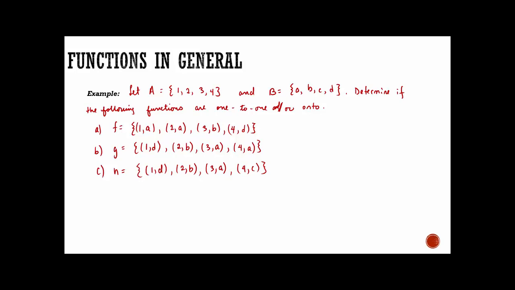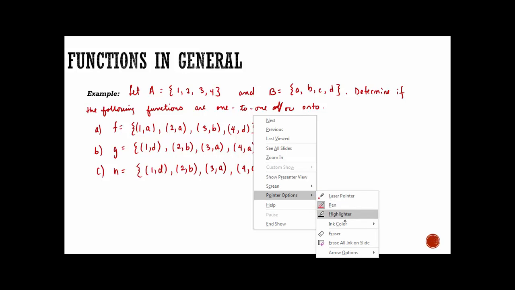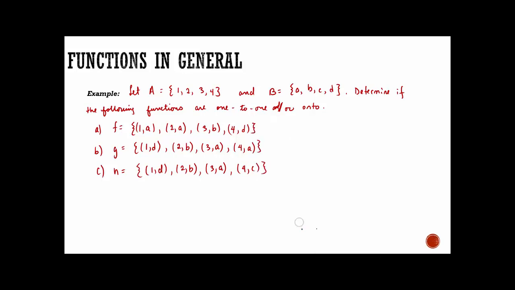So I'm in a good mood today. Let's do the first one. So maybe that can give you some guidance. For the first one, is it one-to-one? The answer is no. Why is that? Because for domain value 1, it maps to a, and also domain value 2 maps to a.